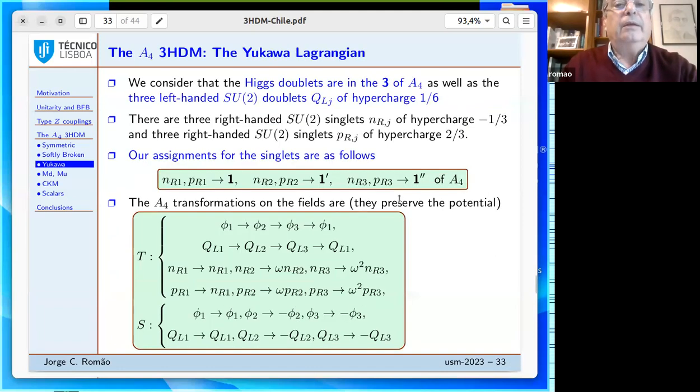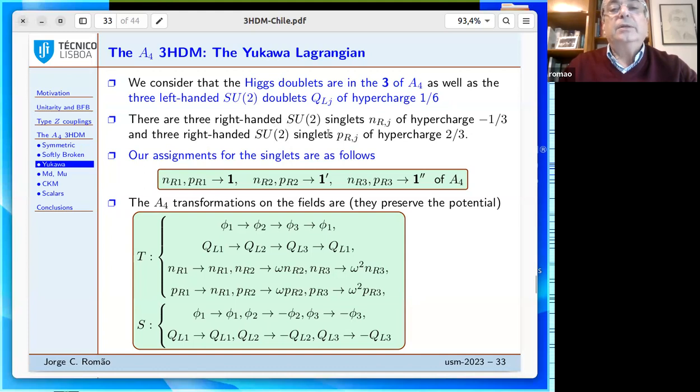In fact, let's look at the Yukawa Lagrangian. And then we are in A4. Then you have to assign the Higgs doublets and the quarks to the representations of A4. We put the Higgs doublets in the triplet, and also the left-handed quark doublets.